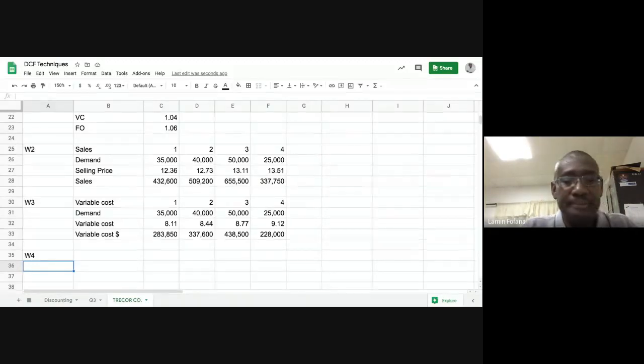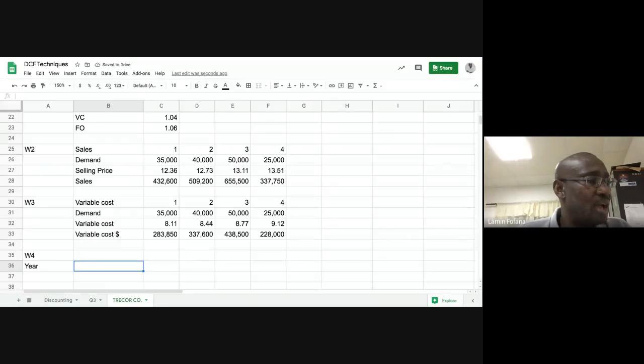So we'll have the year, and we will have our capital allowance. Capital allowance, in other words, is like calculating depreciation using the reducing balance method. That's all. Then we'll have the written down value at the end of every year, that's what we call WDV.